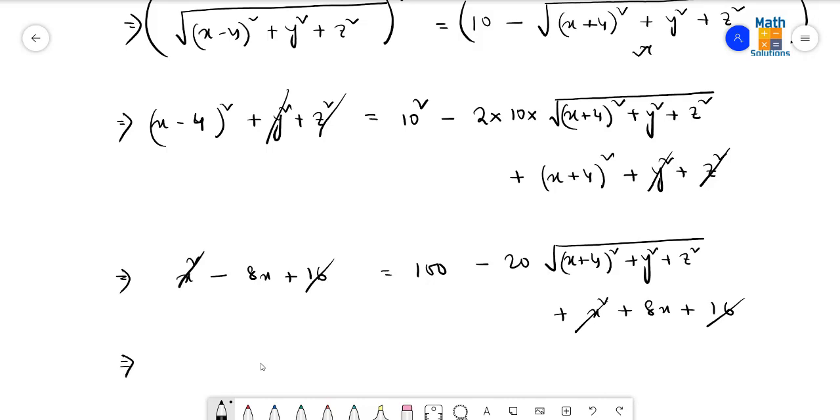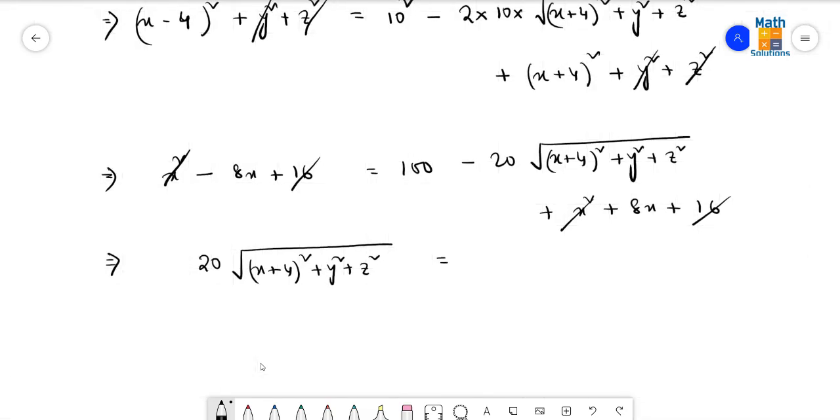What do we get next? It will be arranged like this: x plus 4 whole square plus y square plus z square. I prefer to keep it alone in one side so that on squaring the square root sign will be getting removed directly. So it is 100 plus ultimately 16x. 100 plus, will it be 100 plus 16x? Yes, it is 100 plus 16x.